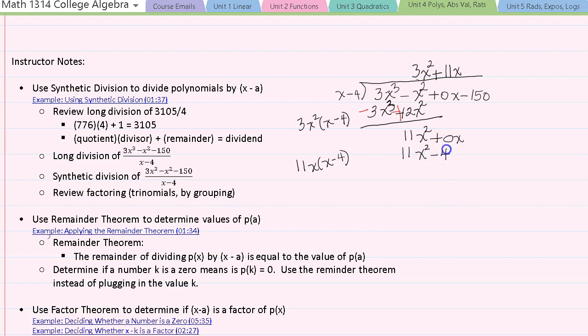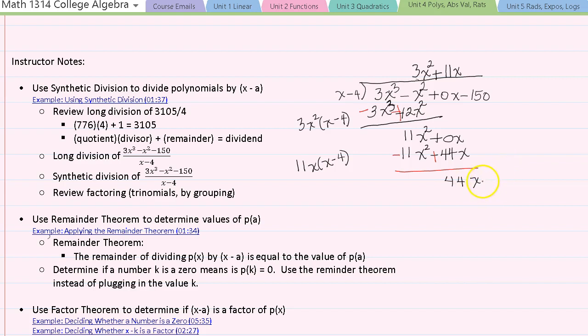Change the sign, and add like terms. This will give us 44x.